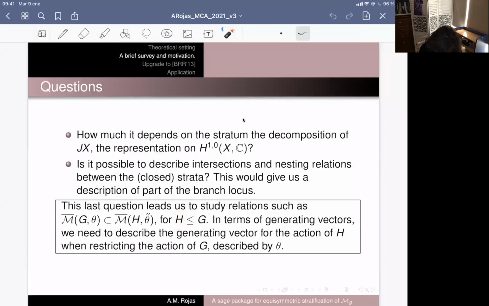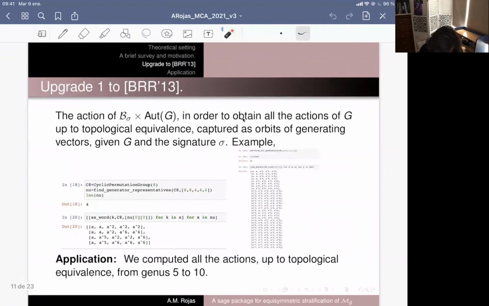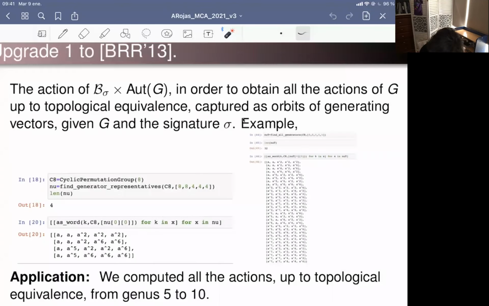So we need to translate this in terms of generating vectors in order to have, again, an algebraic problem that can be programmed. The last goal I'm going to show you was how to restrict the generating vector for G and find the one that corresponds to every subgroup. So let me move to the computational part.